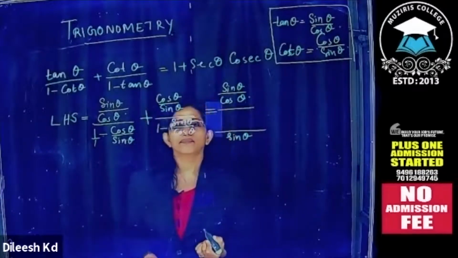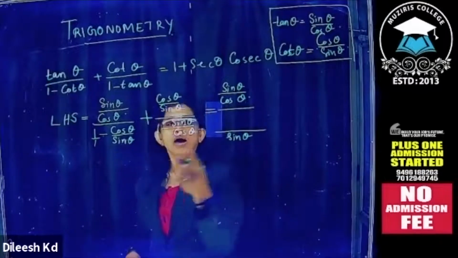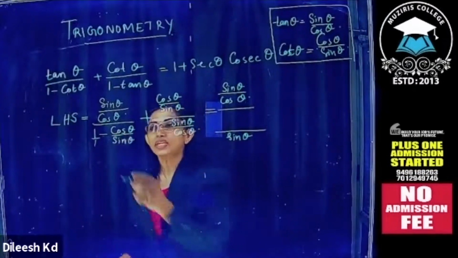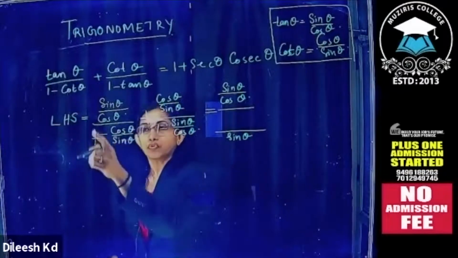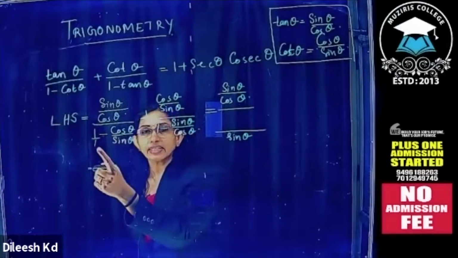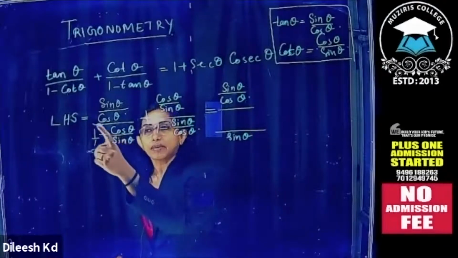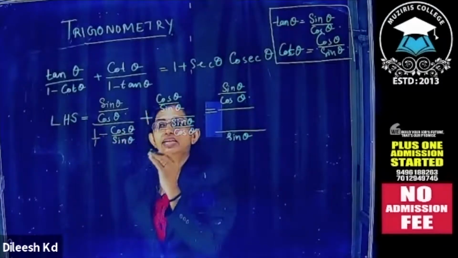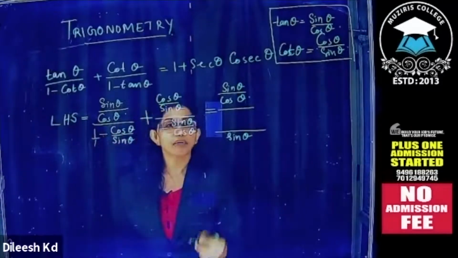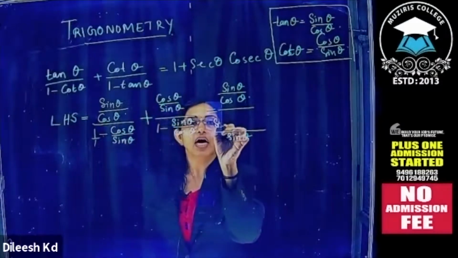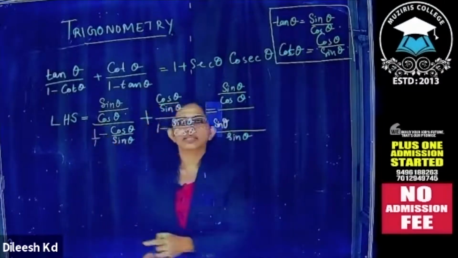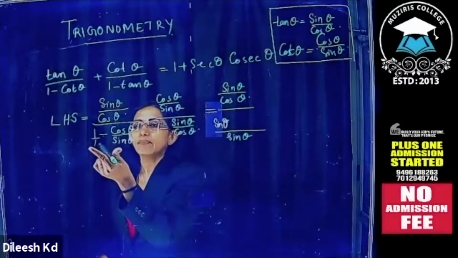Yes, teacher. Good. After taking sin theta as the LCM, how can we convert the numerator part? For the first case, for 1, we are multiplying the denominator by sin theta, so to keep the value unchanged we need to multiply the numerator also by sin theta. So the 1 becomes sin theta because we took the LCM as sin theta.